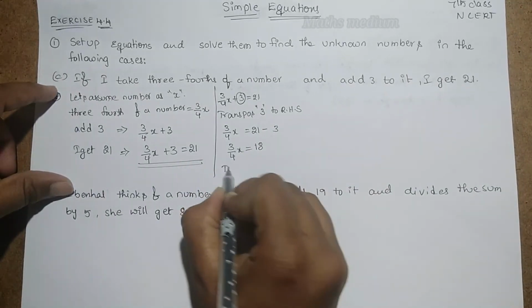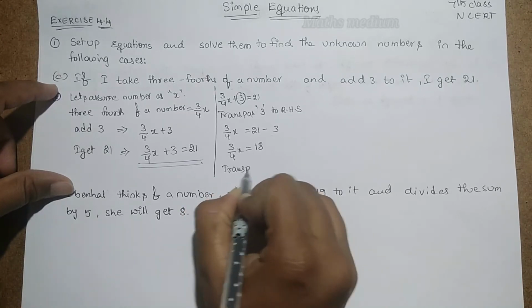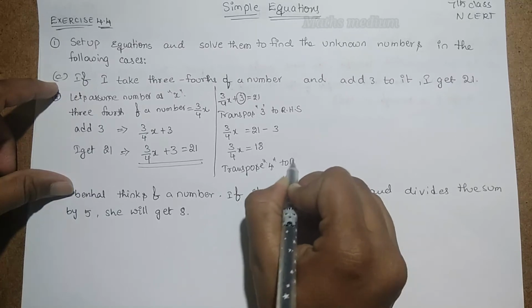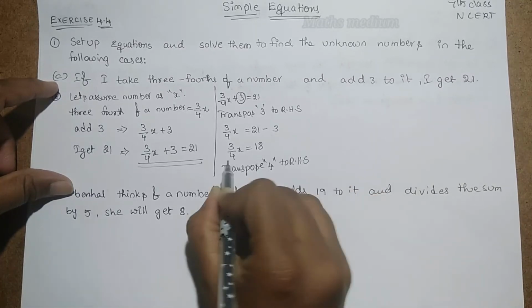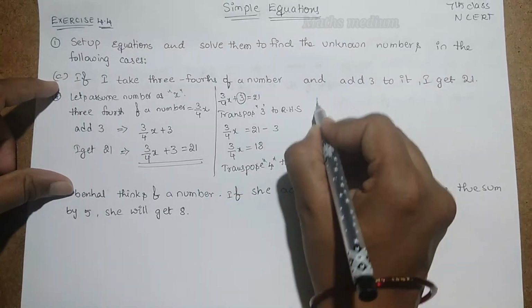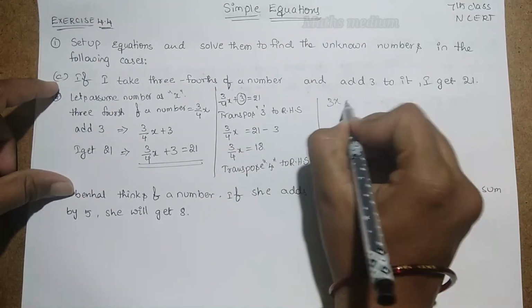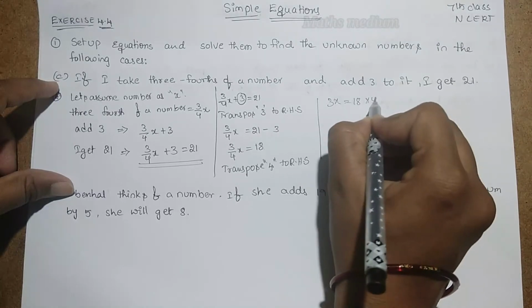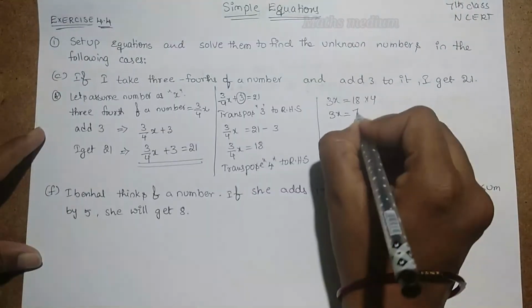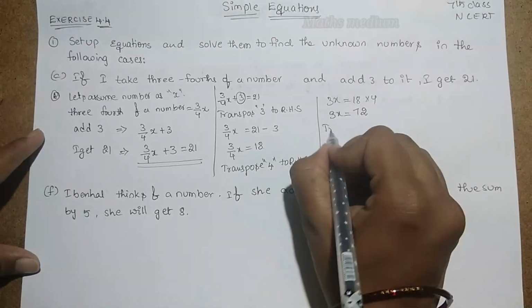So here again apply transpose. Transpose 4 to RHS. Here 4 is dividing the variable, so it gets multiplied on the other side. So 3x equal to 18 into 4, so 3x equal to 72. Now again apply transpose.